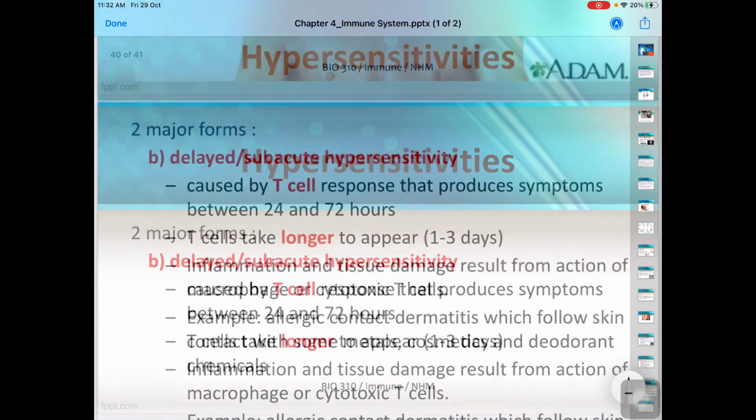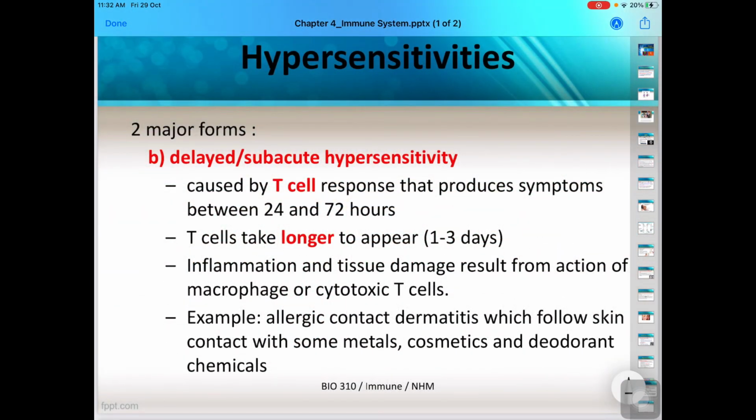The second type of hypersensitivity is delayed or subacute hypersensitivity. Normally, this reaction takes longer to appear, about 1 to 3 days, and it involves the response by T cells.